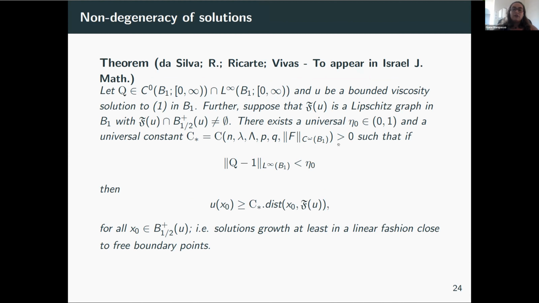So there exists a universal eta_0 and a universal constant C star such that if q is close to 1 by eta_0, then u is greater than or equal to C star times the distance of x0 to the free boundary, for all x0 in B_{1/2}^+. This means that solutions grow at least in a linear fashion close to the free boundary points.